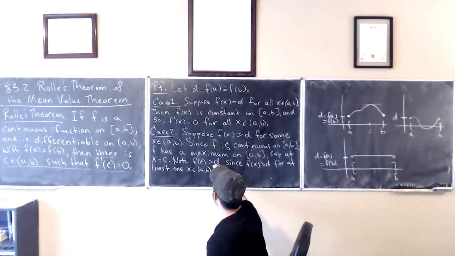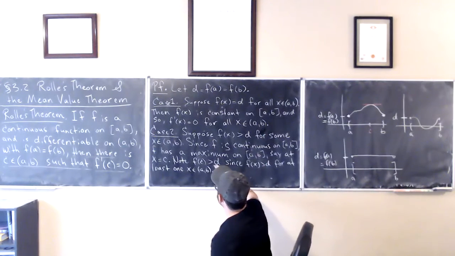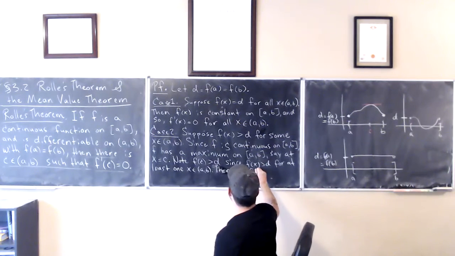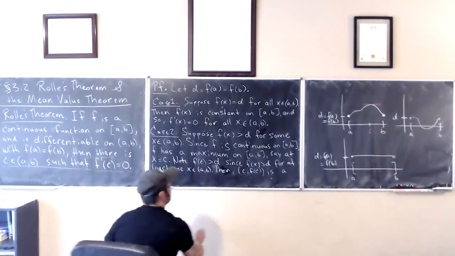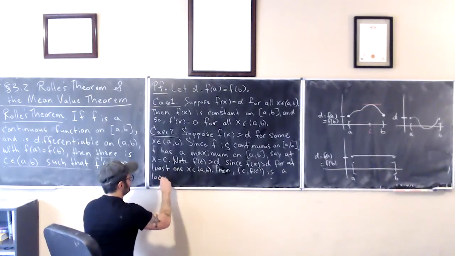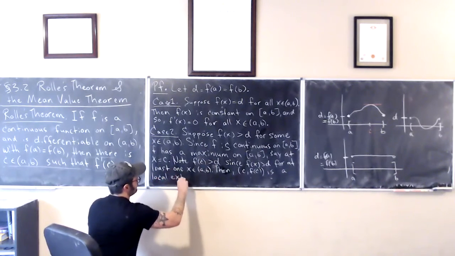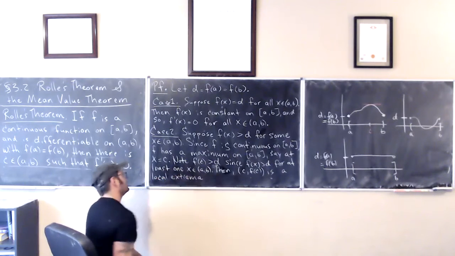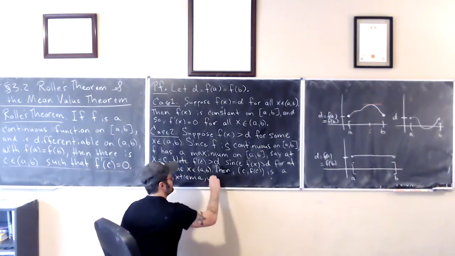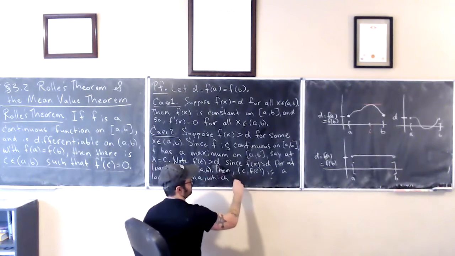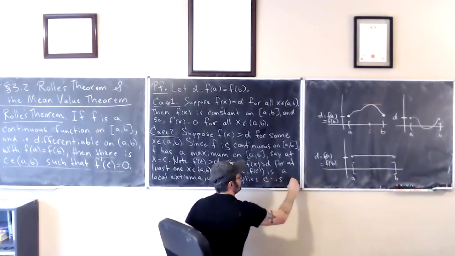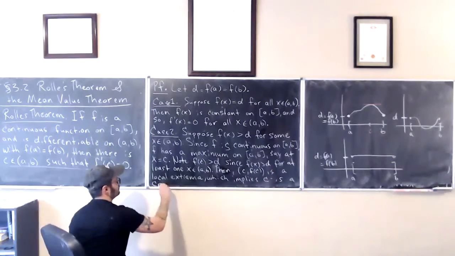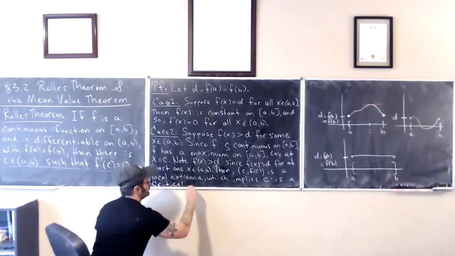So what we can say now is maybe then (c, f of c) is a local extrema, which implies c is a critical number for f.